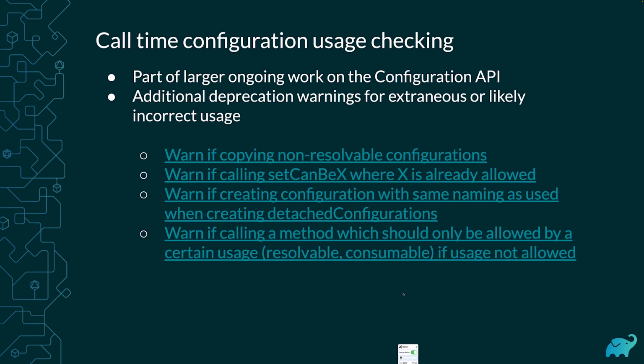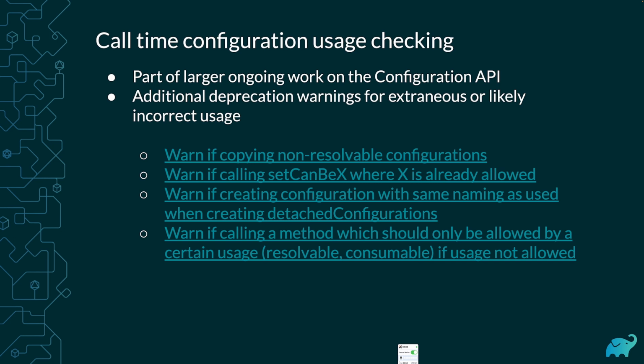For instance, the should resolve consistently with method should only be called on a resolvable configuration, as it will have no effect outside of resolution. If this method is called in a configuration which is only meant to be consumable by mistake or as part of the configurations.all block, the warnings will alert the author that this should be changed.